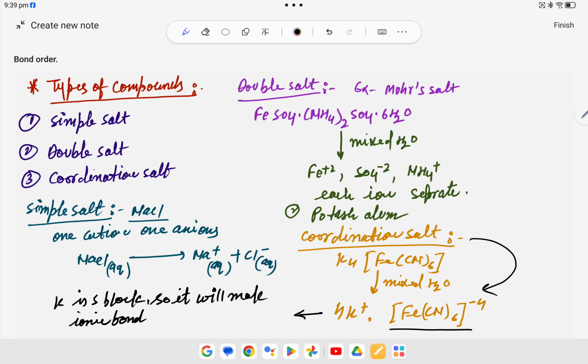And the remaining part is your coordination entity. It's called coordination entity under the square bracket. It cannot liberate into ions. If you are mixing it in water, it cannot liberate into ions. So this is the coordination salt.